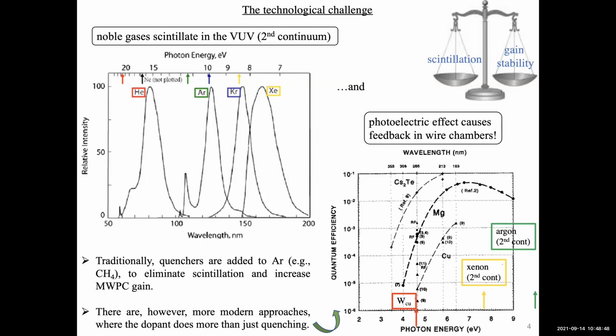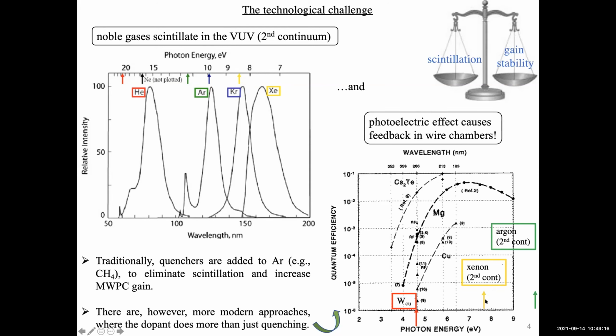Okay, so we took up the challenge. So the main problem, as you know, to get amplification in gas and simultaneous readout is that this is a kind of oxymoron. If you go for a very high primary scintillation, there must be some UV photons in the gas, and this destabilizes the multiplication process. It's very easily seen here. You have the quantum efficiency, and I just give the work function of copper, around 5 electron volts. So basically any noble gas scintillates above that.